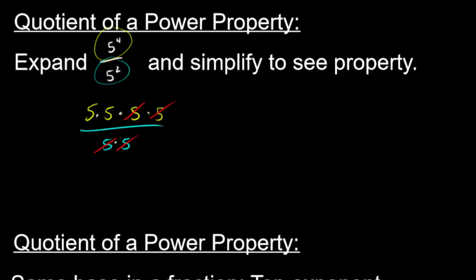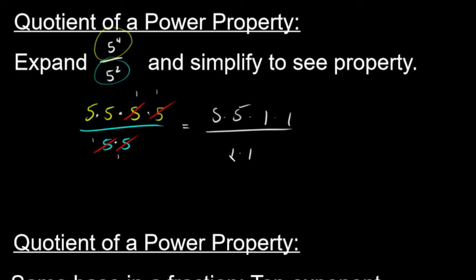So what happens is, when these two pairs of 5s cancel, every time you get a cancellation, you get 1 over 1 and 1 over 1. So in the numerator, you've got 5 times 5 times 1 times 1 over 1 times 1. And this is like showing the steps. It's not necessary. I'm just demonstrating a point. And these ones came from the cancellations, right?